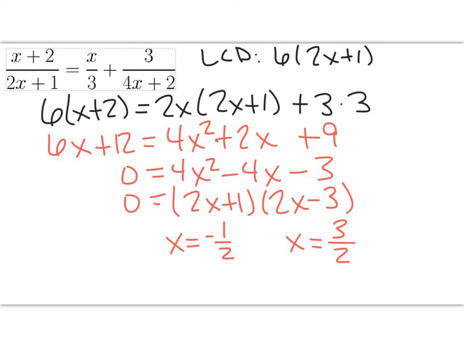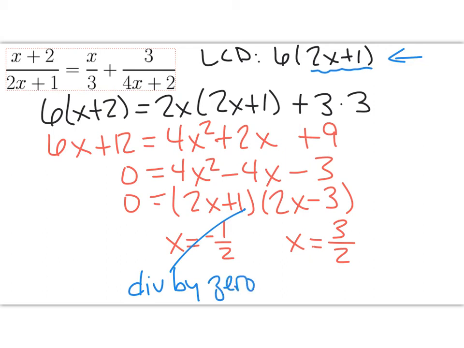So check them and see what happens. If we replace x with negative 1/2 up here, we're going to get division by 0. 2 times negative 1/2 is negative 1, plus 1 is 0. The least common denominator becomes 0, and so x equals negative 1/2 is gone because we cannot divide by 0.